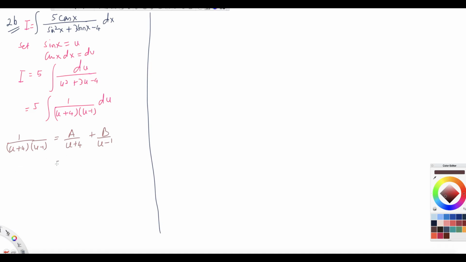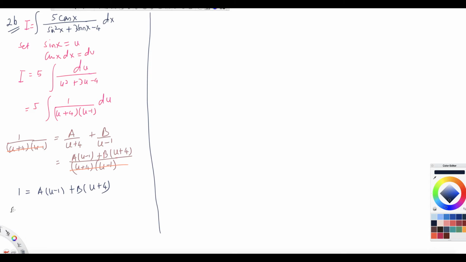You get u plus 4 parenthesis u minus 1, and that will be cross multiplication, a times u minus 1, and then plus b times u plus 4. Now the denominators on the left side and the right side will cancel out. So what is left is, on the left side, 1 equals a times u minus 1 plus b times u plus 4. That's what you get, okay?